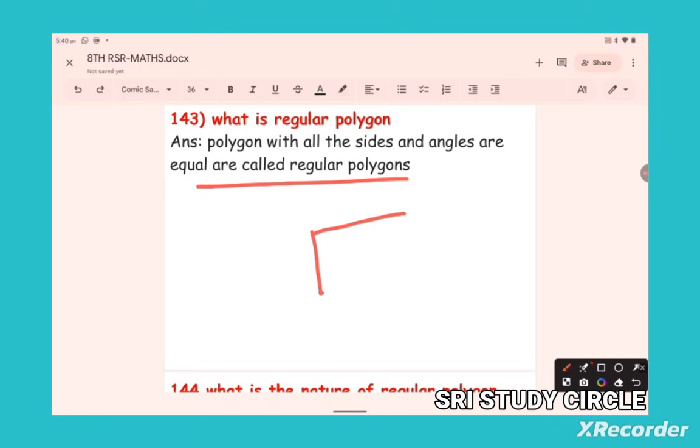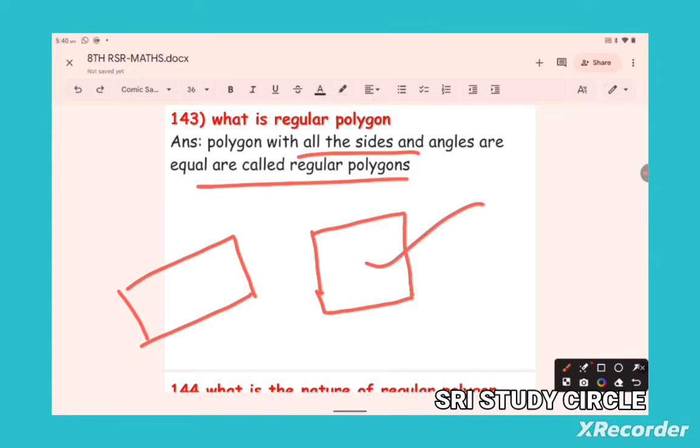Square is a regular polygon. Rectangle is not a regular polygon. Regular polygon means all sides equal and all angles equal.